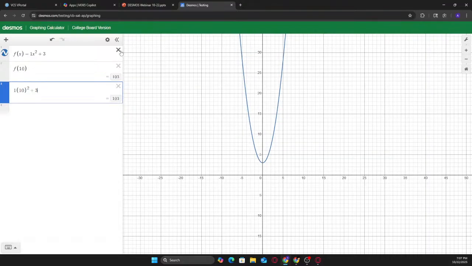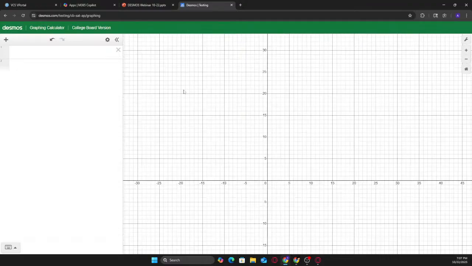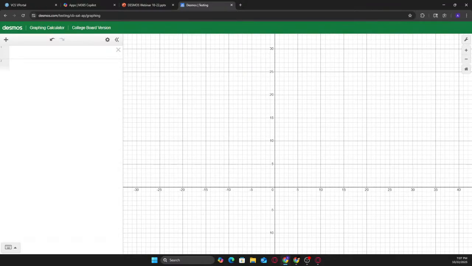There's going to be some other cases where sometimes you might not find the solution, but you just have to use a little bit of brain power. So we can graph 8x, for example.